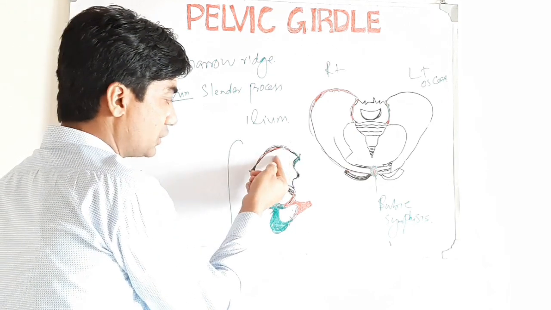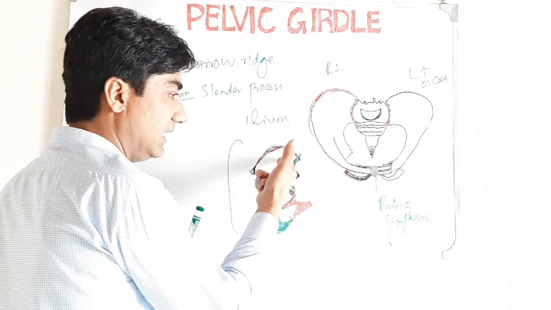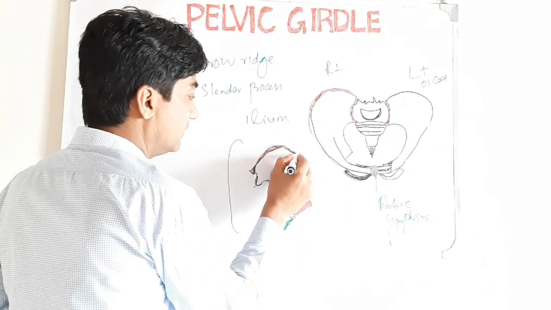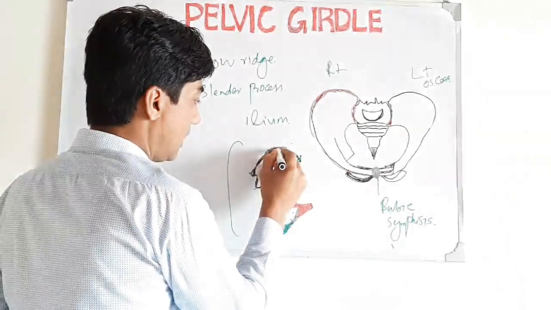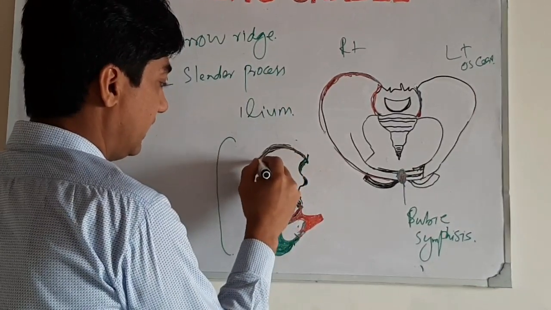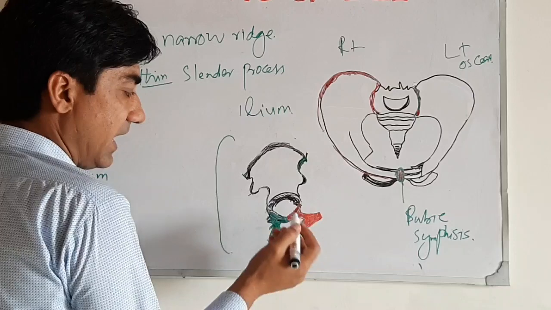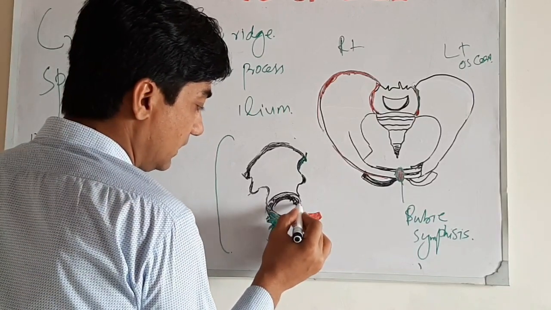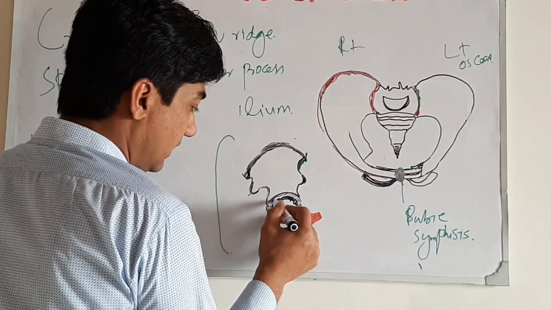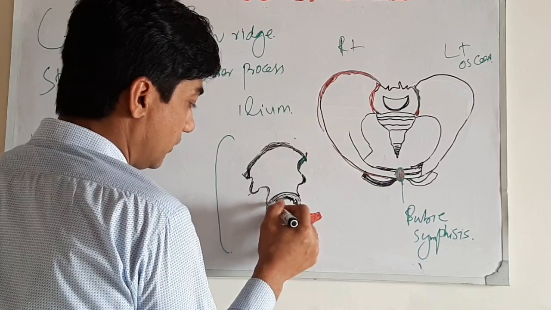The broader portion of the innominate bone or os coxae, that is the ilium, extends from the iliac crest. This is the iliac crest, a narrow ridge. From the iliac crest to the upper border of the acetabulum cavity, that part of the innominate bone is the iliac bone.